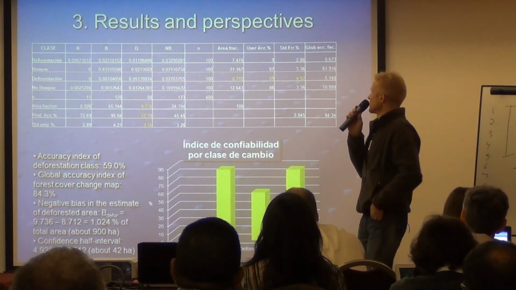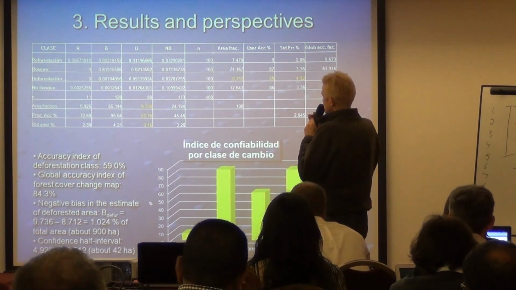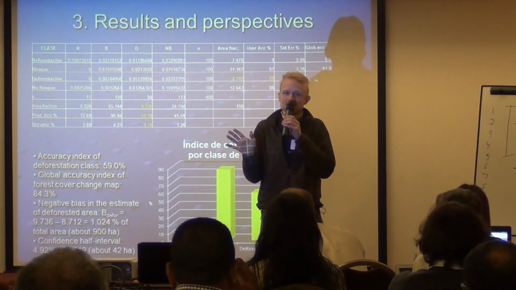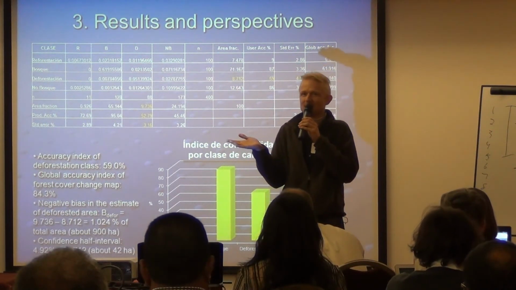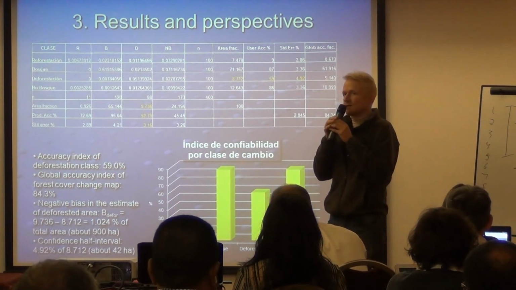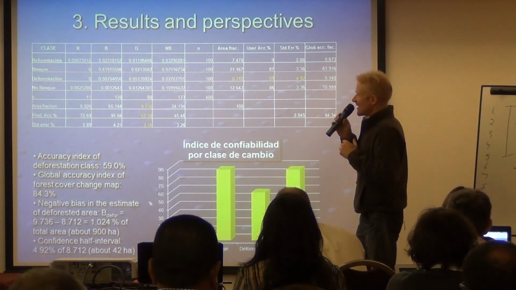Now, the difference between these two figures might indicate a bias of the map to underrepresent deforestation.